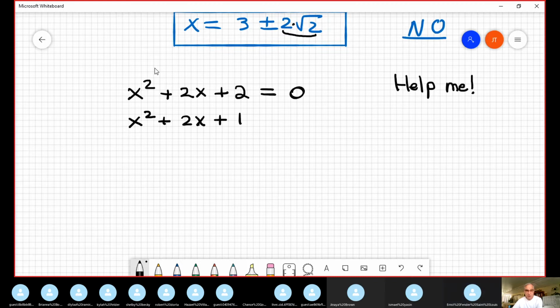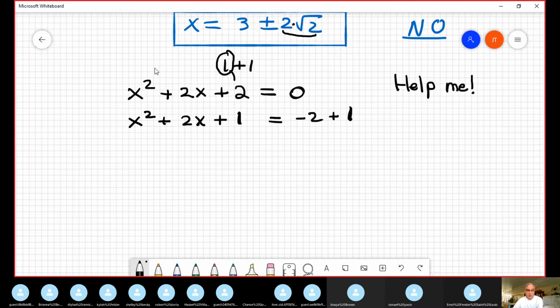But you have 2. You can break it down as 1 plus 1, and take the first one for this. Or another possibility is to isolate, bring 2 to the other side, and add this one that was completely artificial.